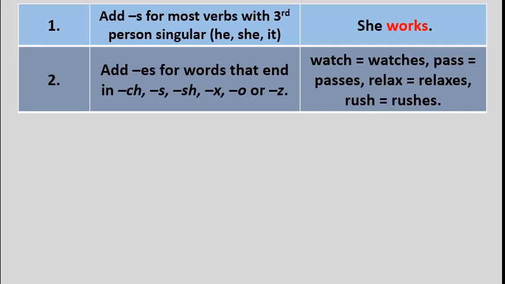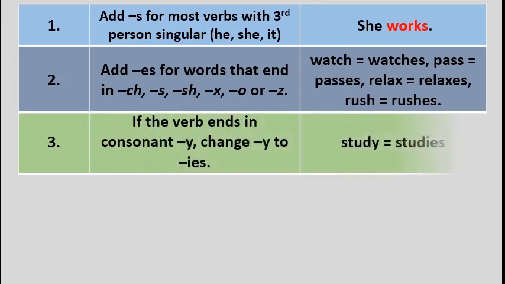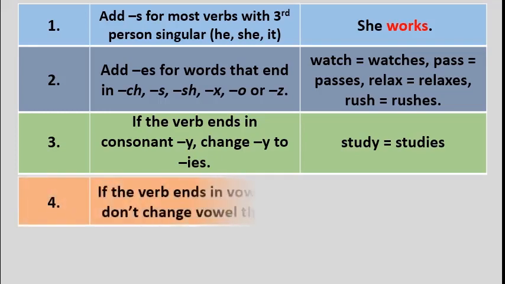For example, watch, watches. Pass, passes. Relax, relaxes. Rush, rushes. Number 3. If the verb ends in consonant y, change y to ies, means remove y and add ies. For example, study, studies.